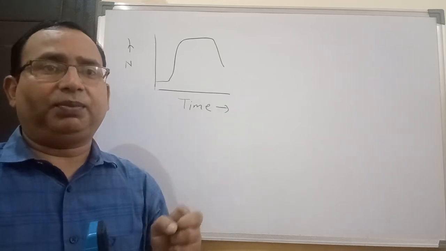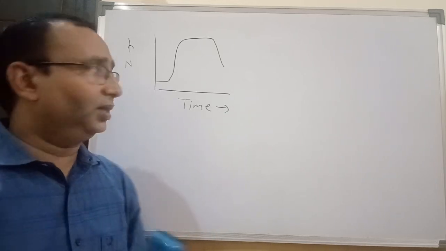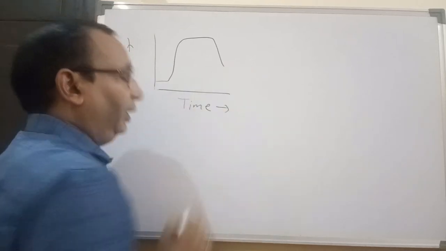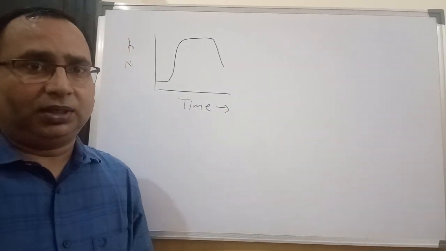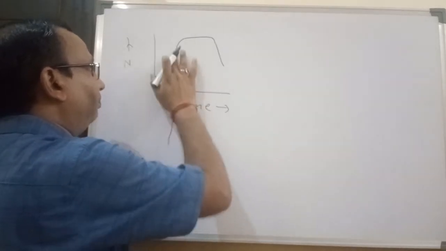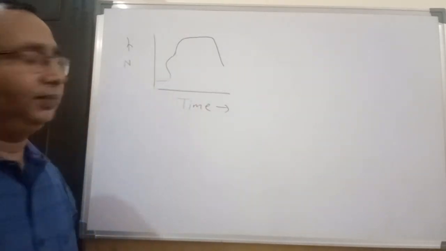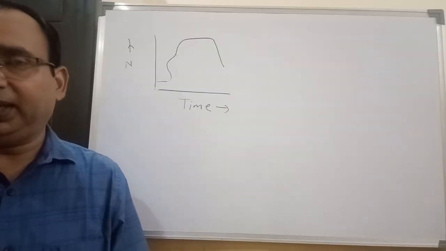Another fact which we have to take into consideration is that whatever microbial growth curve we are drawing cannot be like this. For example, this graph cannot be like this. Why?